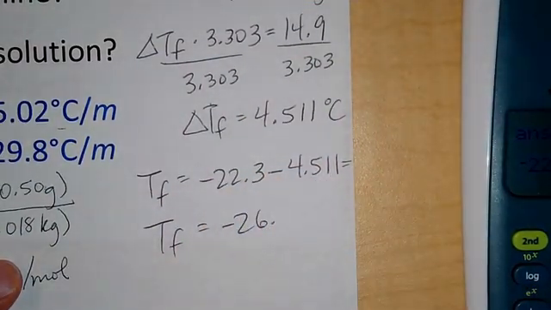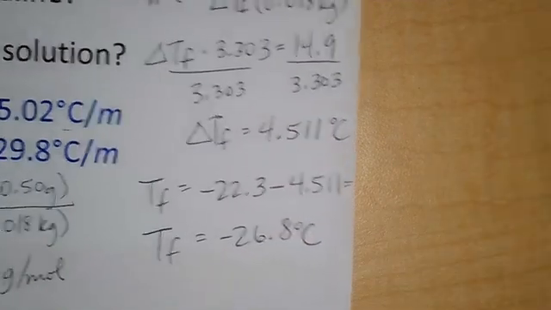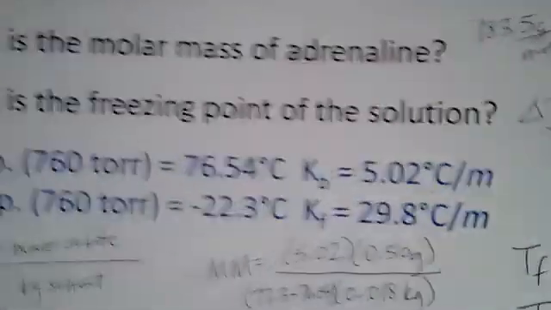Alright, so that's the idea of using the equations in order to identify an unknown or to find a new freezing or boiling point. The other thing to remember when we're looking at these types of equations is to look for electrolyte solutions.